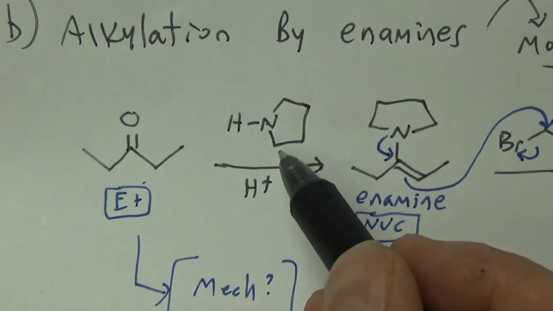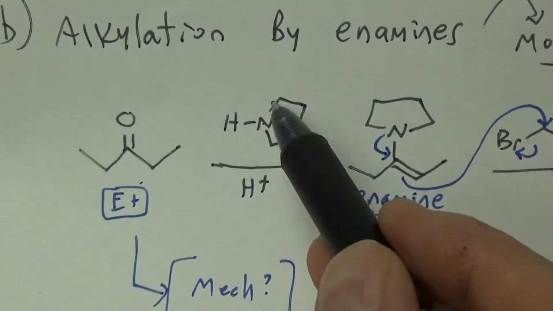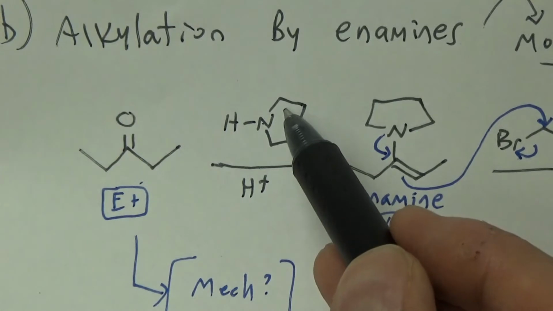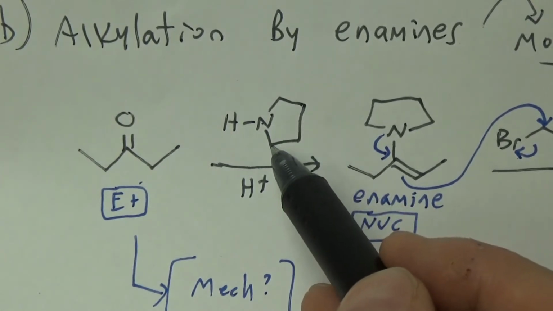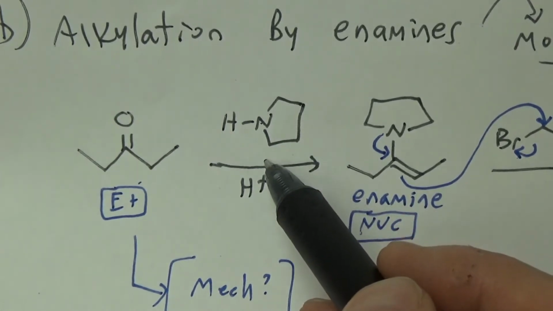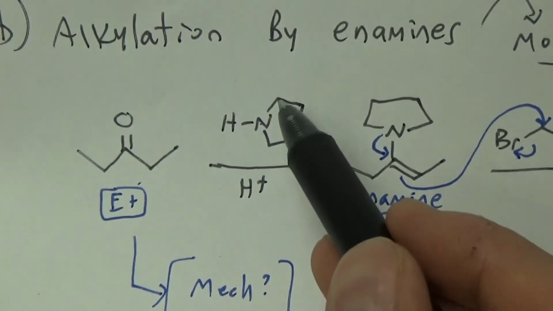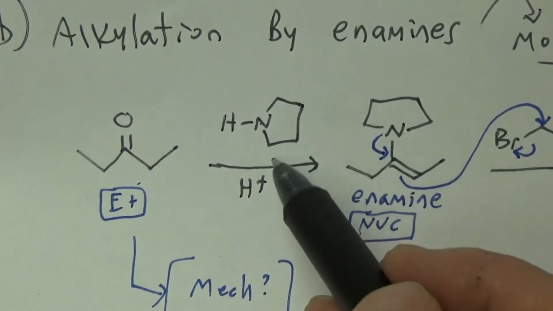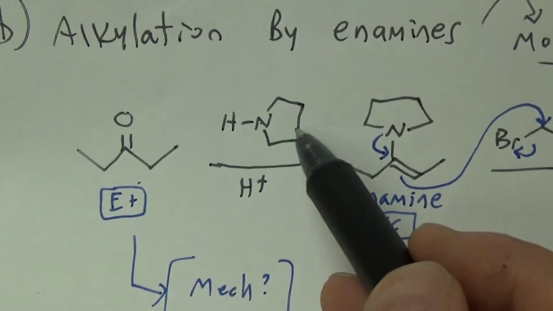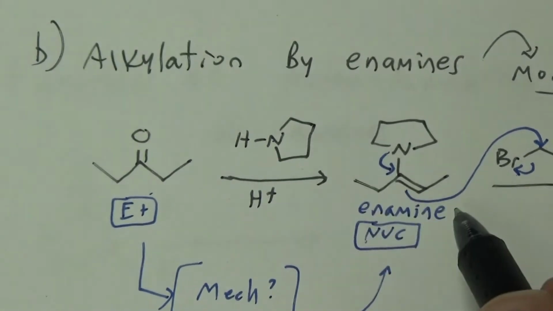Well, how many R groups are on the amine? Is it a primary amine or a secondary amine or tertiary amine? Well, that is a secondary amine because there's kind of 2 R groups, even though it's all cyclic. That's a secondary amine. Secondary amines make enamines.